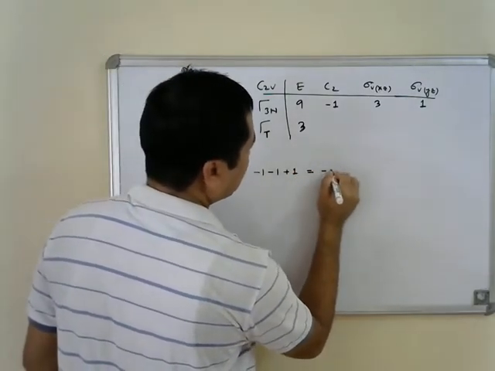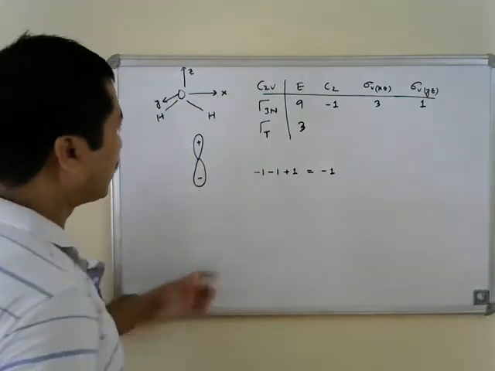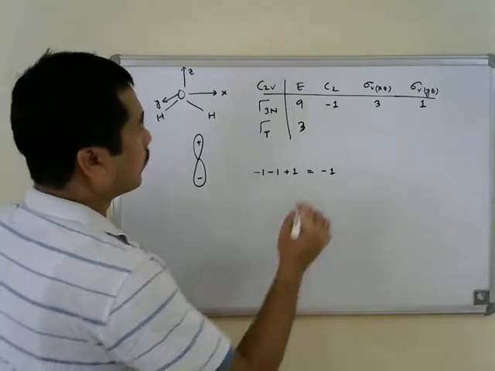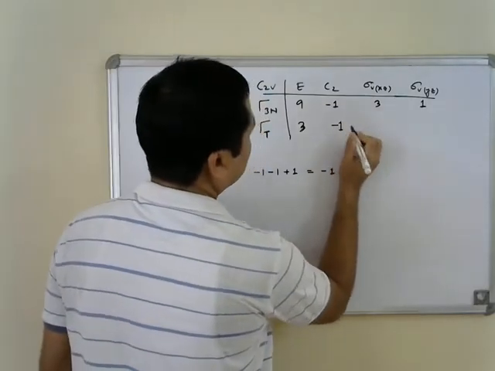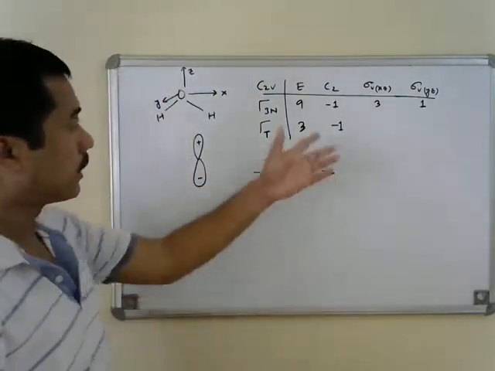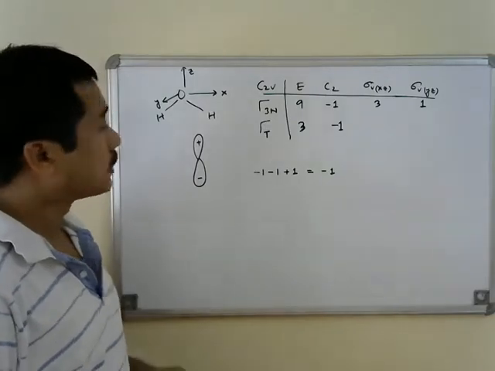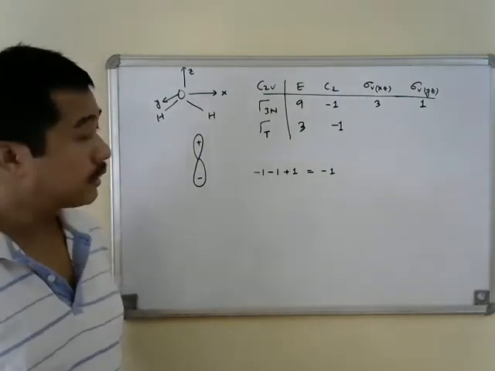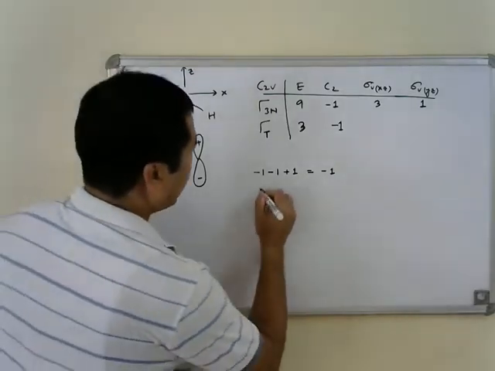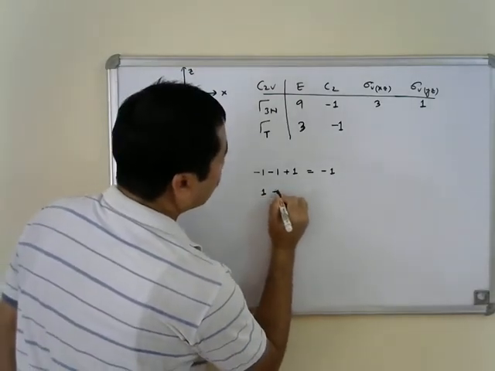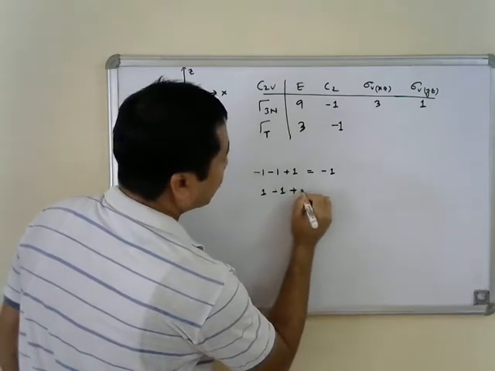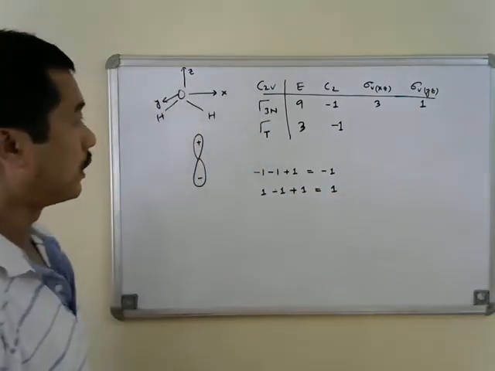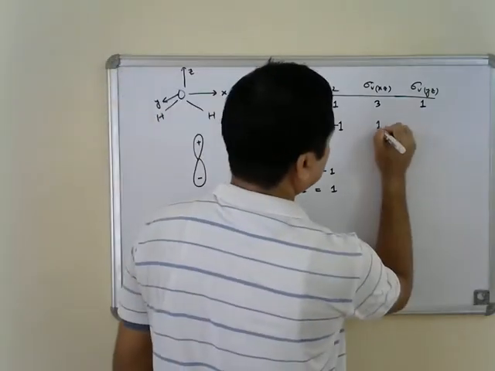So the total character of the matrix representation for the C2 operation is going to be equal to minus 1. Then if we do sigma v xz, x and z vectors are not going to change direction, while y will go to minus y, and that is why x will give us plus 1, y will give us minus 1, and z will give us plus 1. So the total character of the matrix is going to be equal to plus 1 here.